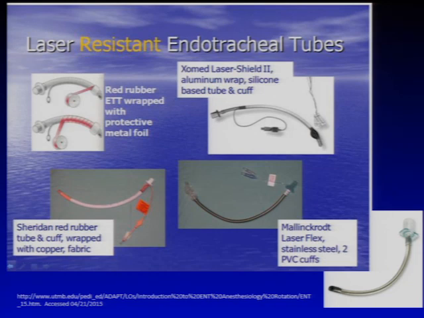The commercially available stainless steel or laser tubes are better from that standpoint. They do still have plastic parts, especially the cuff, that can be ignited. And in some situations, just a laser tube or a stainless steel tube without a cuff will be the safest alternative if we want to minimize the risk of airway fire.